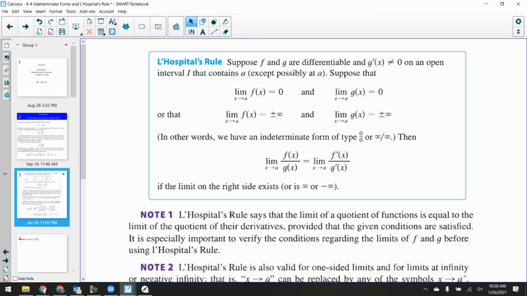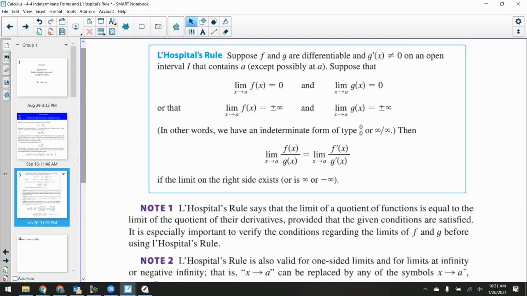That's what that means. If the top and the bottom go to 0 over 0 or infinity over infinity, then you know that the limit as x approaches a of f of x over g of x is actually equal to the limit as x approaches a of f prime over g prime. And we talked yesterday about how it's really nice when we can reduce those functions on top and bottom down a little bit, because it might make them easier to work with.